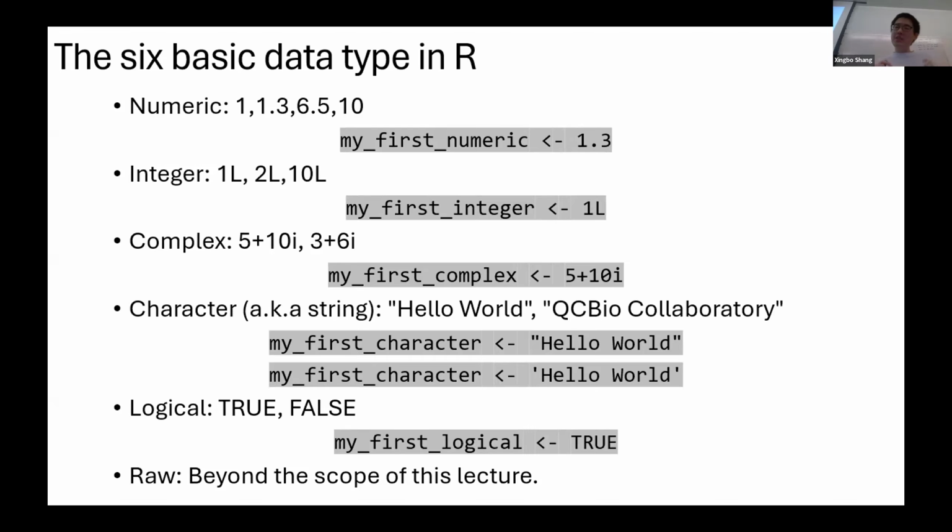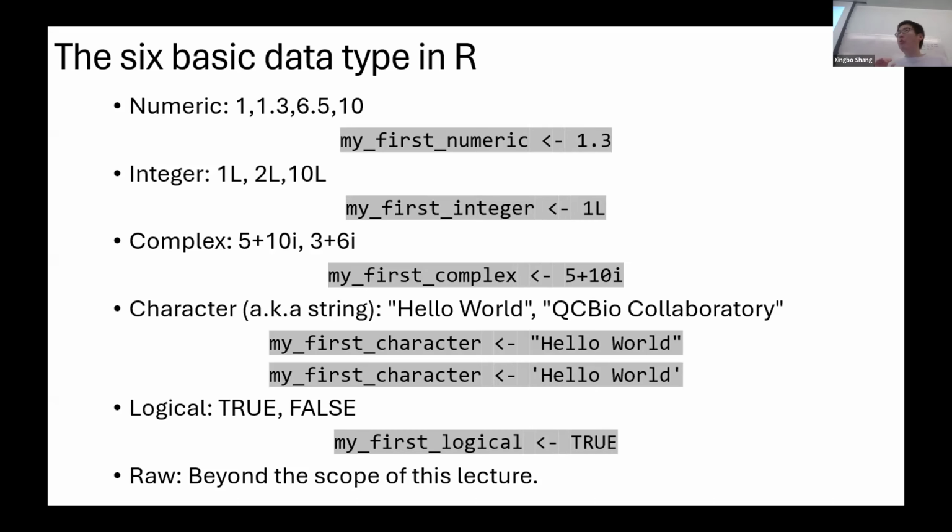Another type is character. You may also hear someone refer to it as string. String and character are equivalent in R, and throughout this course I will just call it a character. A character is something different from numbers. It's like text.